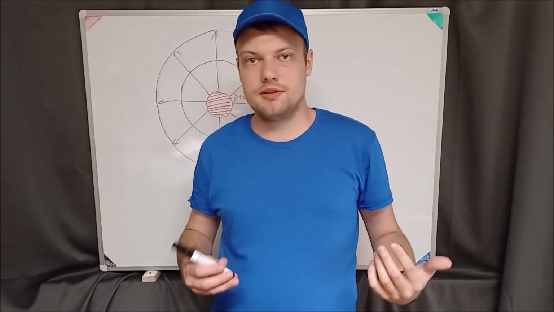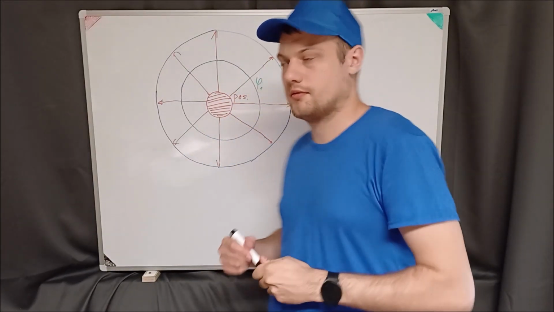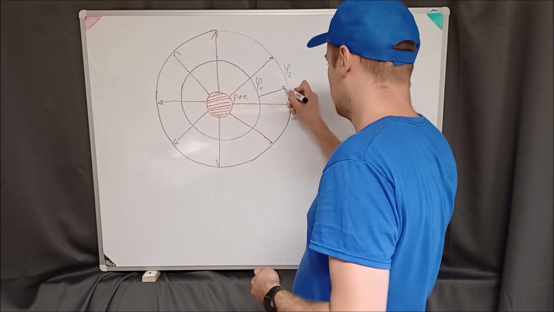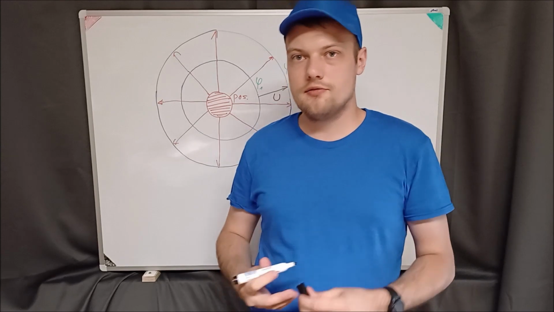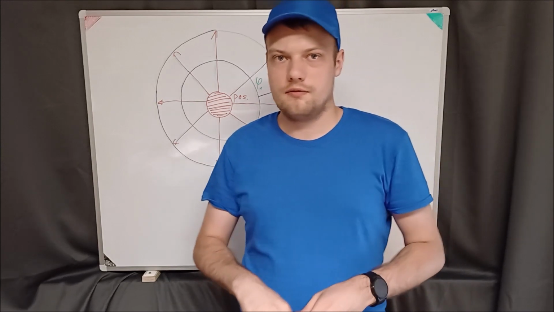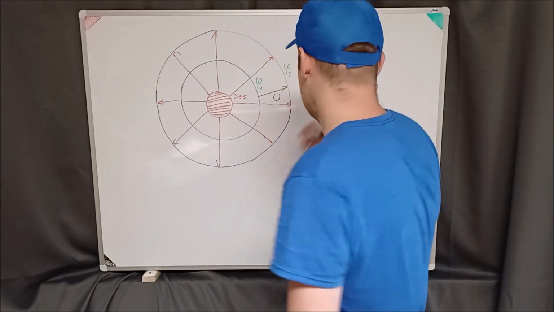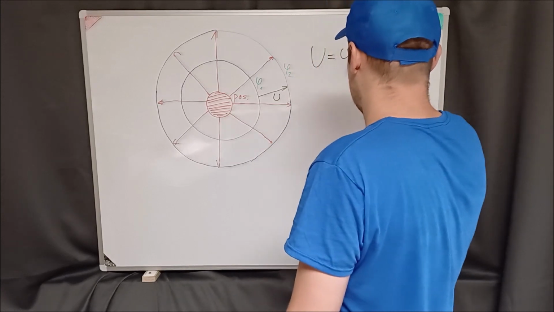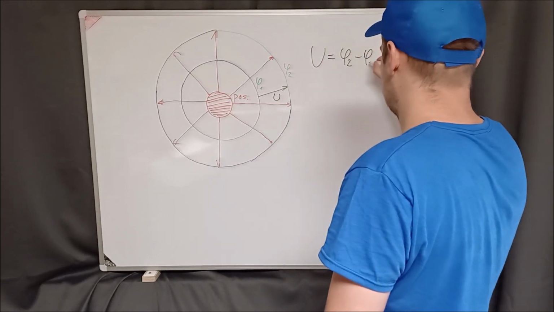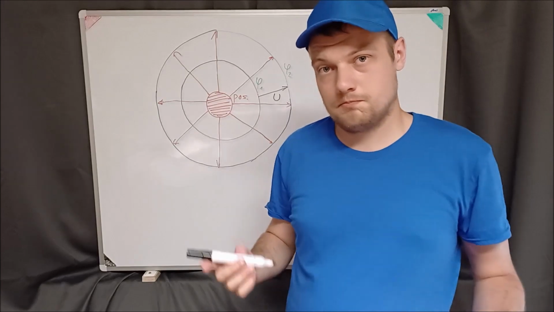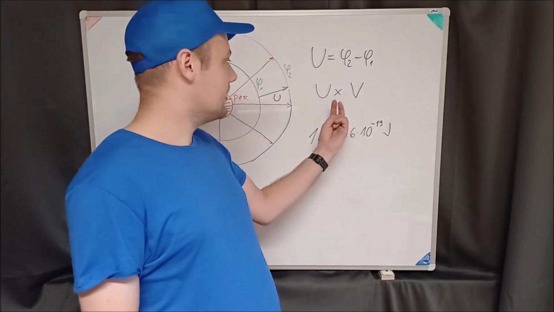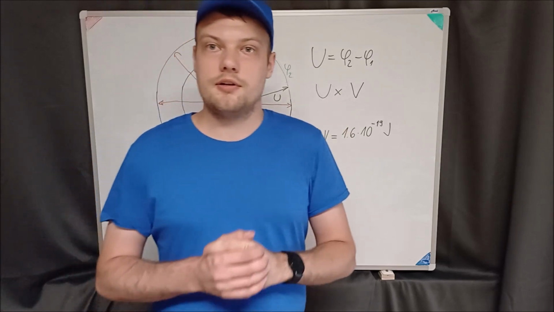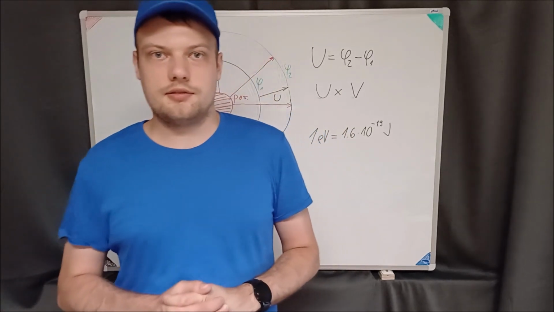And the difference between 2 potentials? Voltage. That's the one you've probably heard of. Voltage is just the difference in potential. We've got 2 symbols floating around. V for voltage and U for Unterschied.